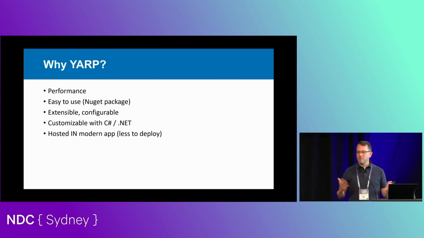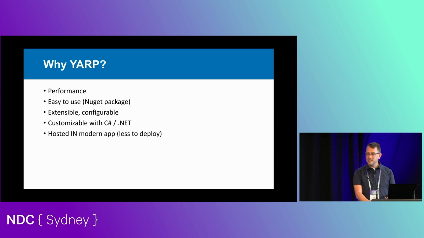I know about 10 years ago, that wasn't something we could as easily say about .NET. But now I think hopefully everyone that's doing .NET is very convinced that that is very important at Microsoft. So performance, and it's extremely easy to use. I mentioned it's just a NuGet package with 1 to a few lines of code that you're going to write to configure it. It's extensible and configurable if you want to do all kinds of different scenarios. A lot of stuff is built in to do that, and you can do it just through configuration.